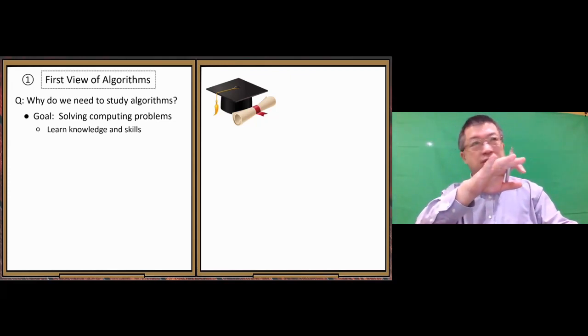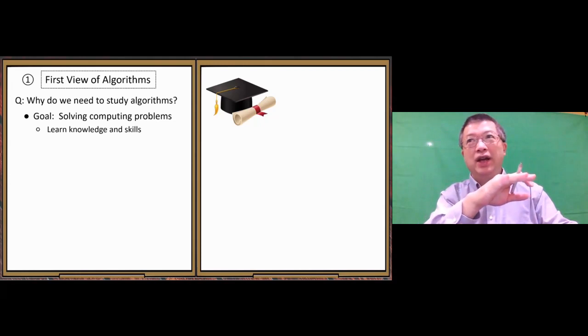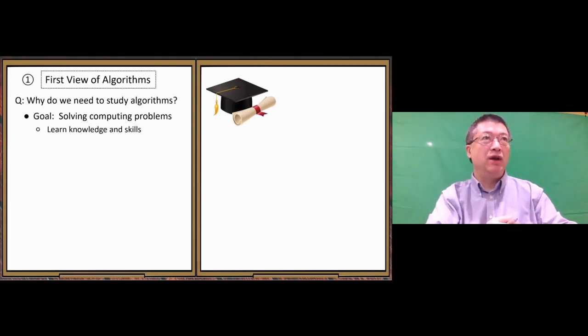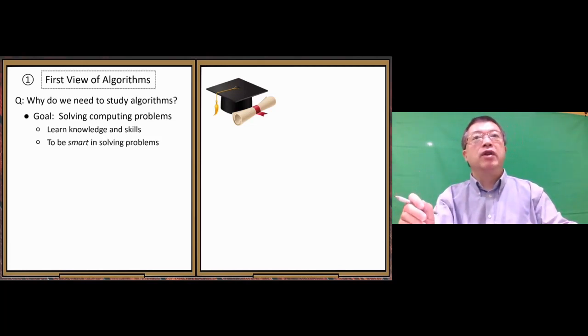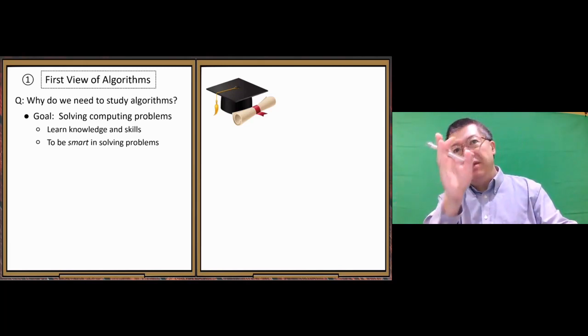After that, still not enough, right? You need to use the knowledge and the skills you have learned and use them effectively. That's not easy. So the second, to be smart in solving problems. Here, I like to explain this smart a little more.